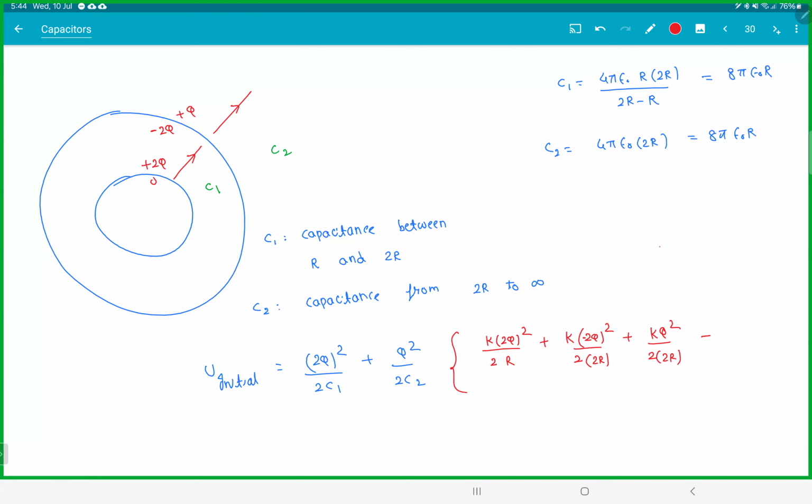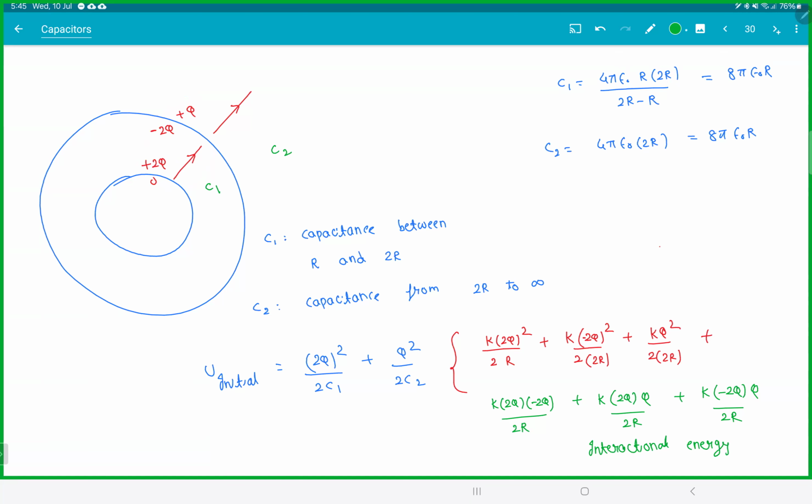These are self energies, plus the interaction energy k 2q minus 2q by 2r, plus k 2q q by 2r, plus k minus 2q q by 2r. So these are interactions, meaning, can you see how big it is? You're finding interaction between these two, between these two, and between these two. So there are 3 interaction energies and 3 self energies.